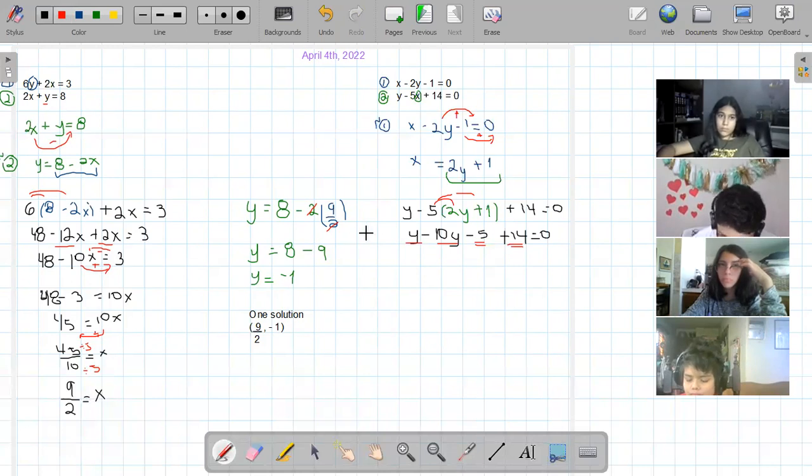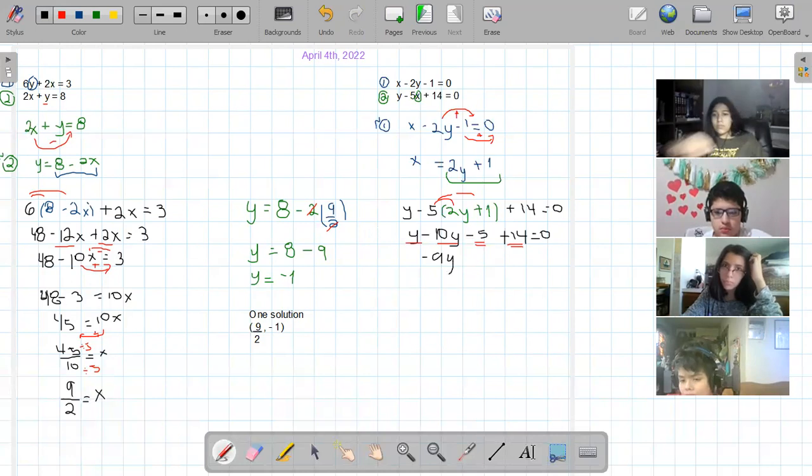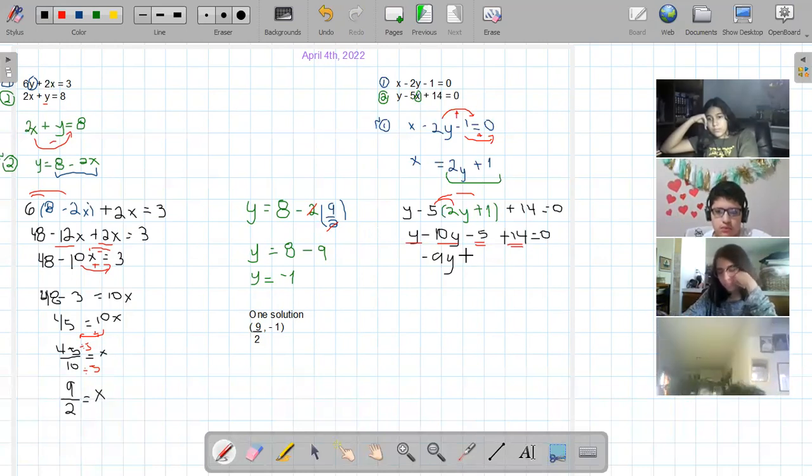How much is y minus 10y? -9y. How much is -5 plus 14? +9, right? So plus 9 is equal to 0.